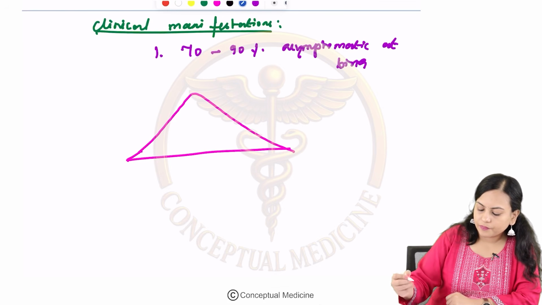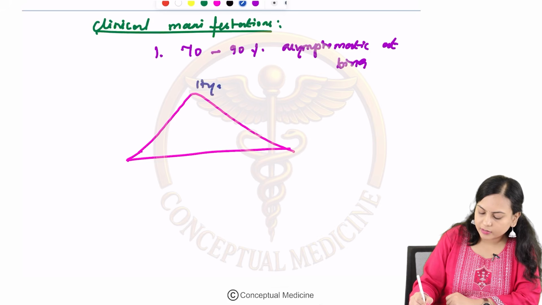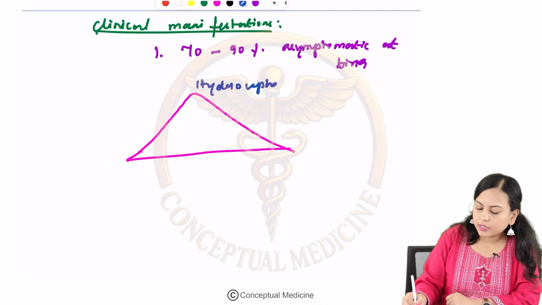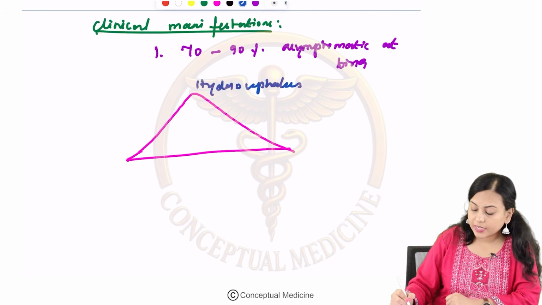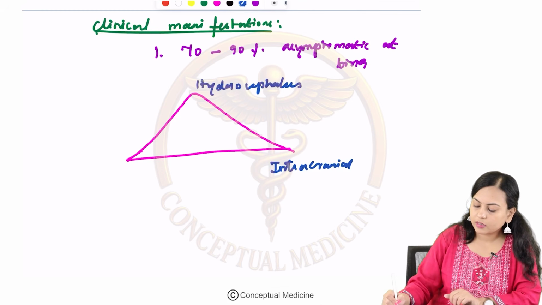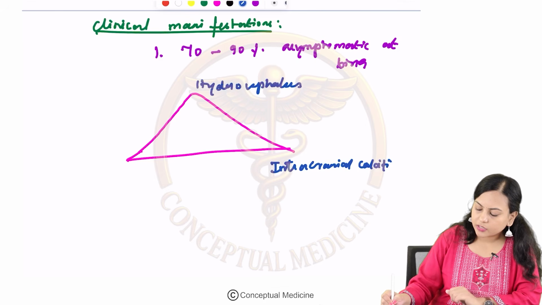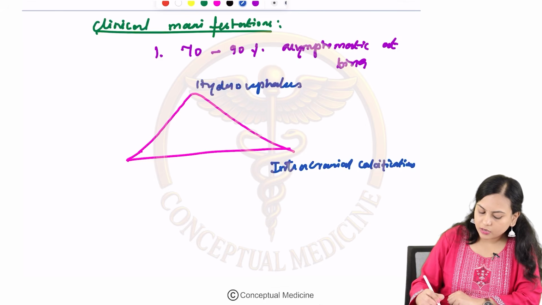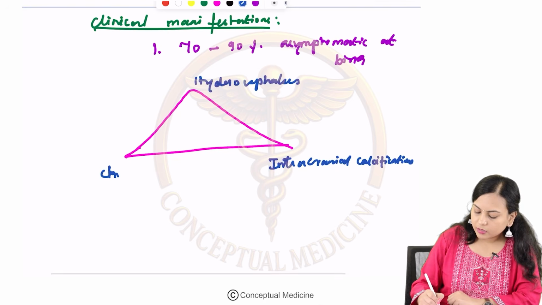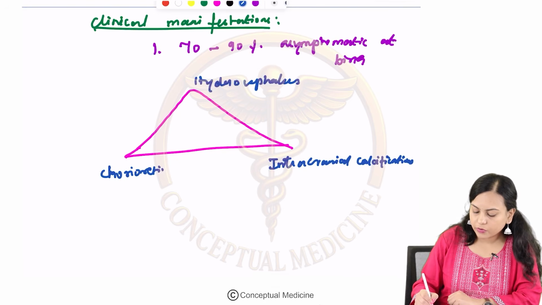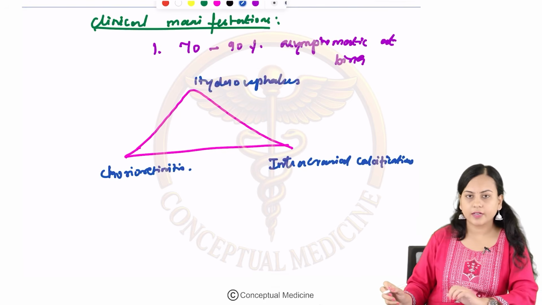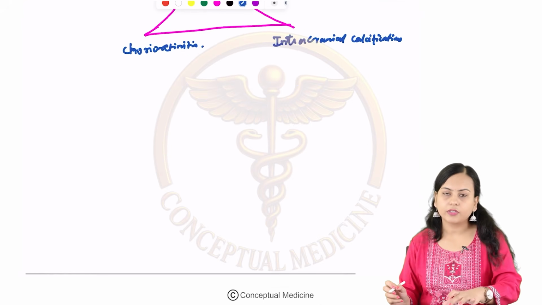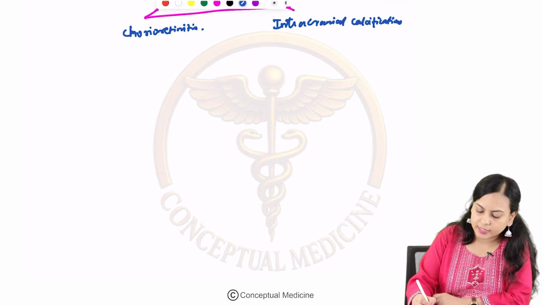You have hydrocephalus, then intracranial calcifications, and yes, it is chorioretinitis. Clear? So, this is the triad of the clinical manifestations of the disease.